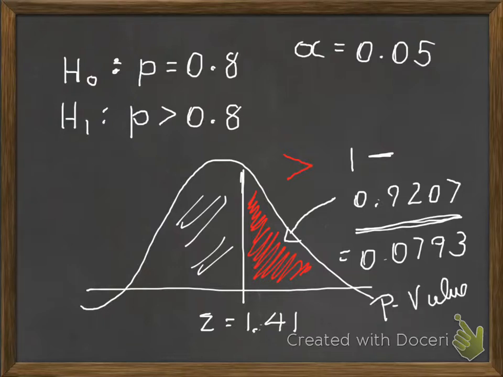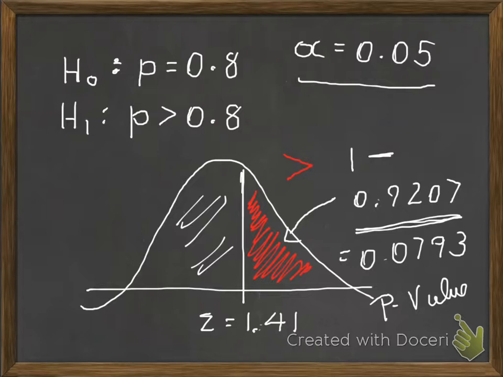It's the probability of getting a value for the test statistic at least this extreme. Now we're asked to test this hypothesis at the 0.05 significance level.